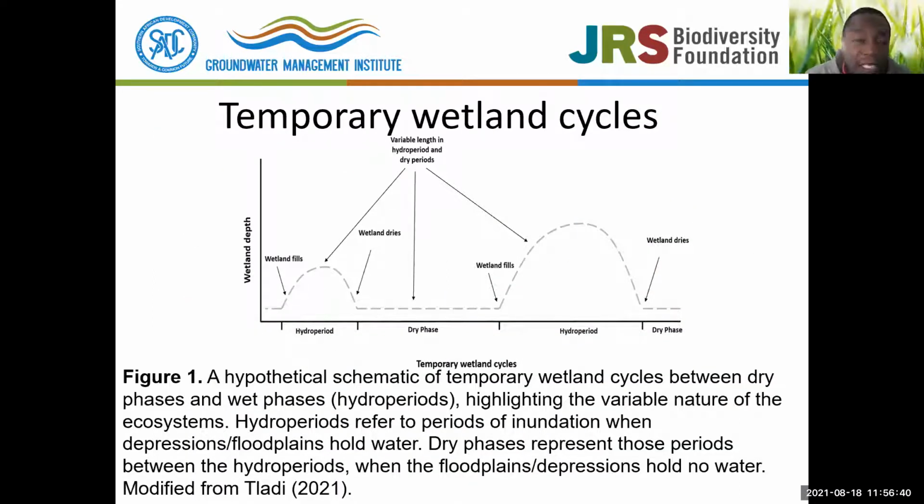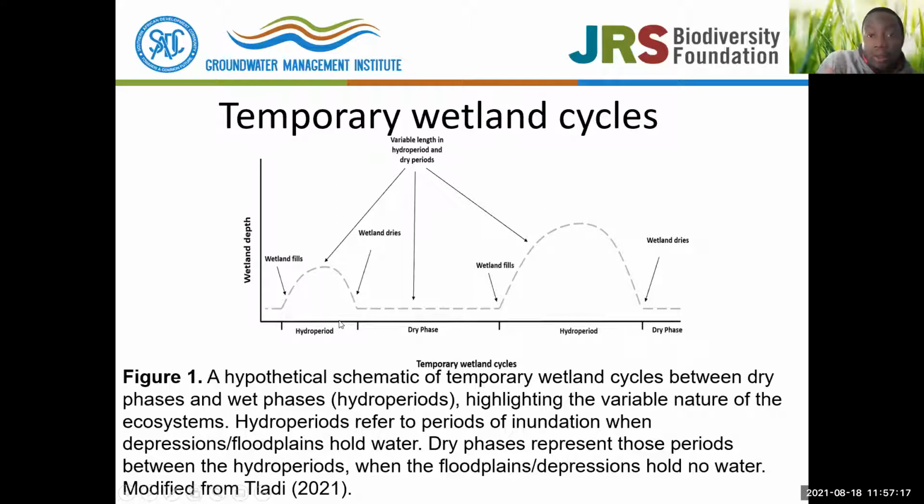So this figure is showing a schematic outline of a typical wetland cycle. This is also a typical cycle that we expect to find within the Khakhea Bray transboundary system. Most of the time, when it rains, your pan fills up, and the filling up varies across seasons.